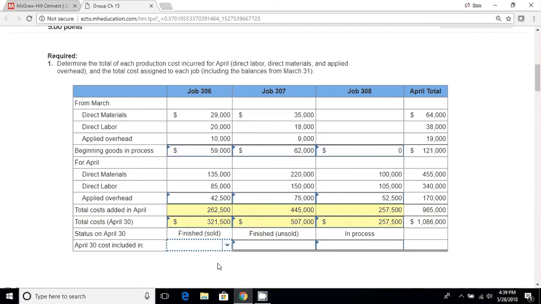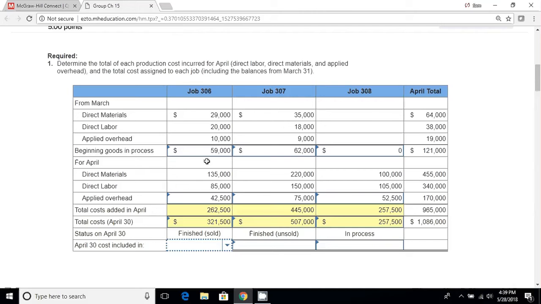Okay, here's our status again, and it says, all right, well, if it's finished and sold, where is this 321,500 on the books? Well, remember, the way cost flows work is it comes from product cost. Raw material and direct labor, all that stuff goes into work in process.